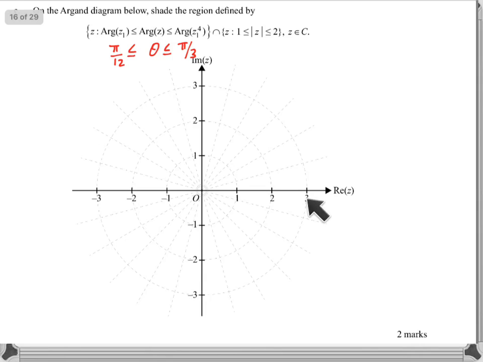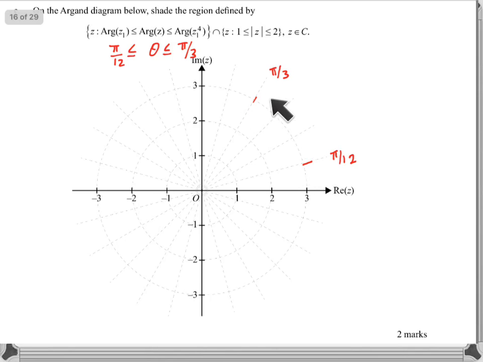If you look at our Argand diagram, it's broken up into 1, 2, 3, 4, 5, 6 divisions for a quadrant. So think about 90 degrees divided by 6. Each is in fact going to be 15 degrees, which is pi on 12. So it's a pi on 12 equivalent. This one there is pi on 12, and up here that would be equivalent to pi on 3.